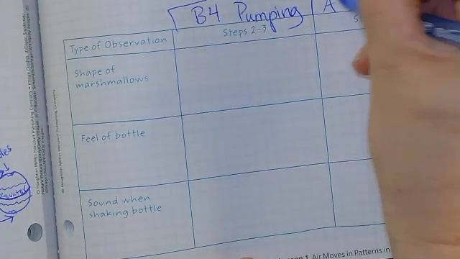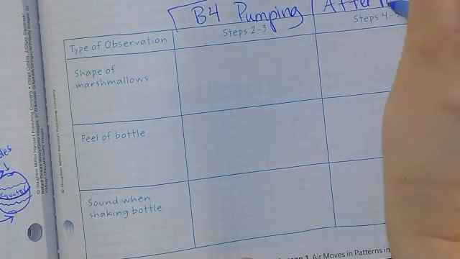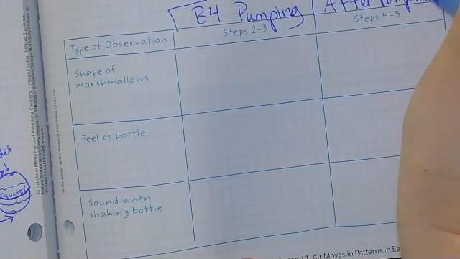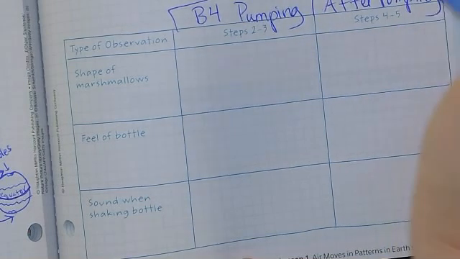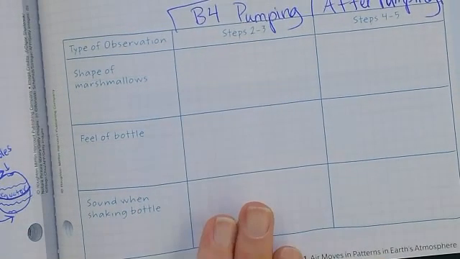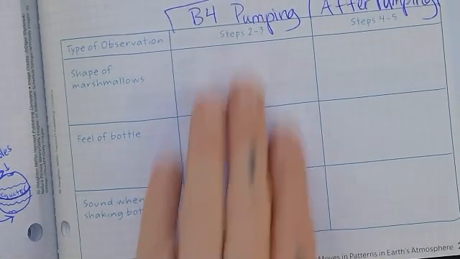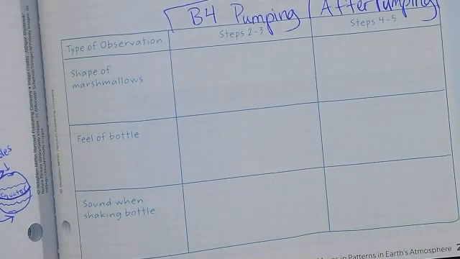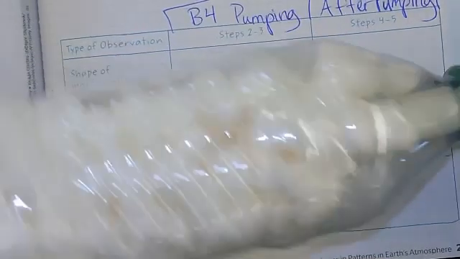And then steps 4 and 5 is going to be after pumping. So I'm going to use a model now to represent some air particles. And I'd like you to write some observations in here of what you noticed before I do something to those air particles. I'm going to apply some pressure. I'm going to apply a force to them by pushing on them.